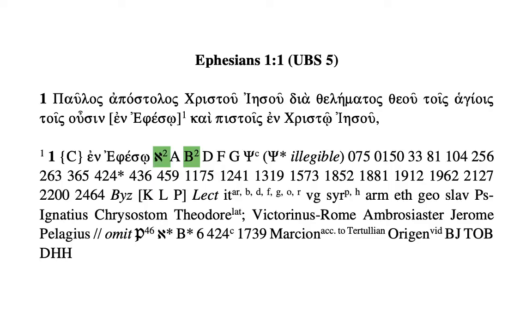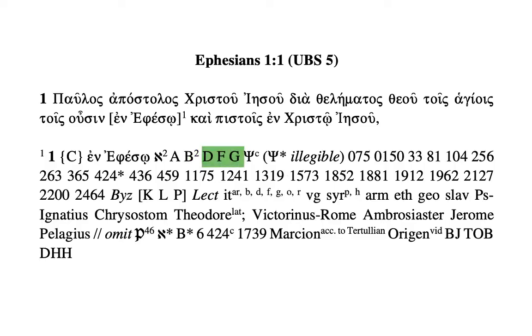Not every correction is specifically listed as a 2, but this indicates something similar, that Codex Vaticanus has a series of corrections that were made at different points in history, and this is referring to the second round of corrections. And it doesn't specify the century in which this was made. It just simply says that this isn't the first round of corrections. It's not even the first hand of Vaticanus. It's the second round of corrections.